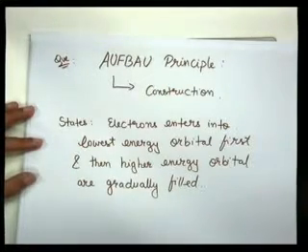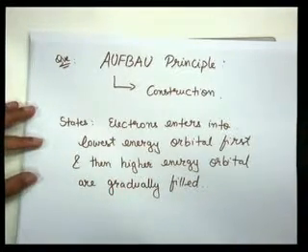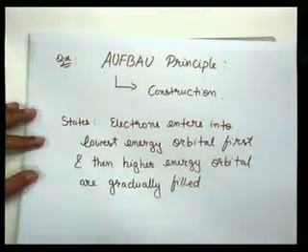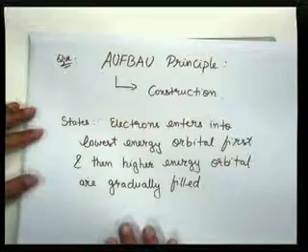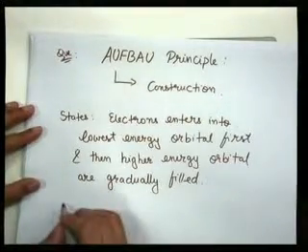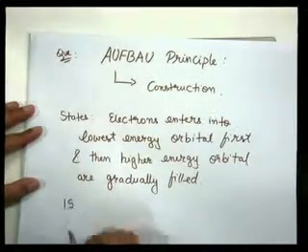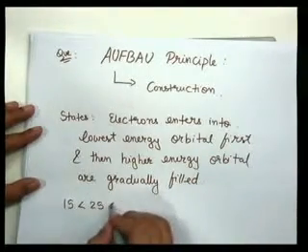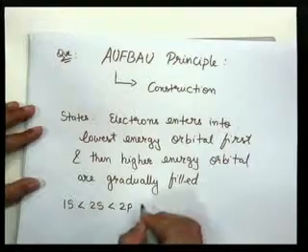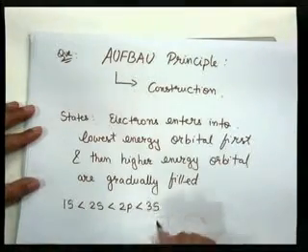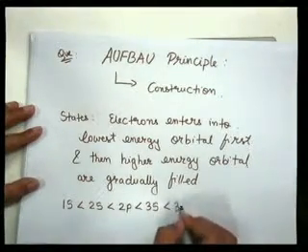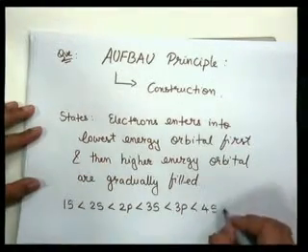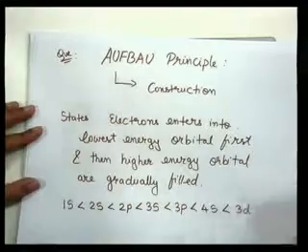For that, Aufbau has given a sequence of the different orbitals, and from that we can calculate many things. You can write the sequence: your 1s orbital less than 2s, less than 2p, less than 3s, less than 3p, less than 4s, less than 3d.